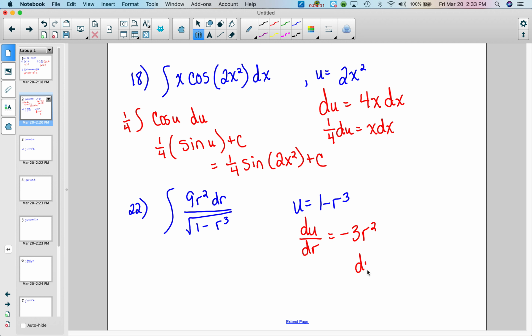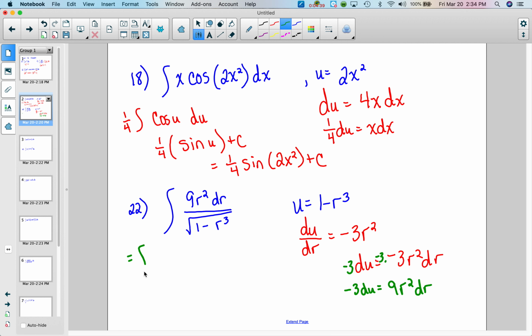So then we have du equals -3r squared dr. Well, we have a 9r squared dr. So think about what I would need to do to get this to be a 9. You'd multiply by a -3. So multiply this by a -3. So I get -3 du equals 9r squared dr. Because now I can just replace the 9r squared dr with -3 du.